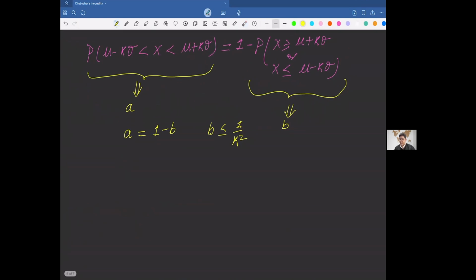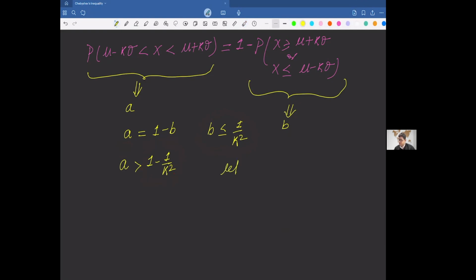Correct? So can I write this as A is greater than or equal to 1 minus 1 by k square? Why am I writing this? Because B is anyway less than this thing. If B is less than this thing, then A should be greater than 1 minus 1 by k square.